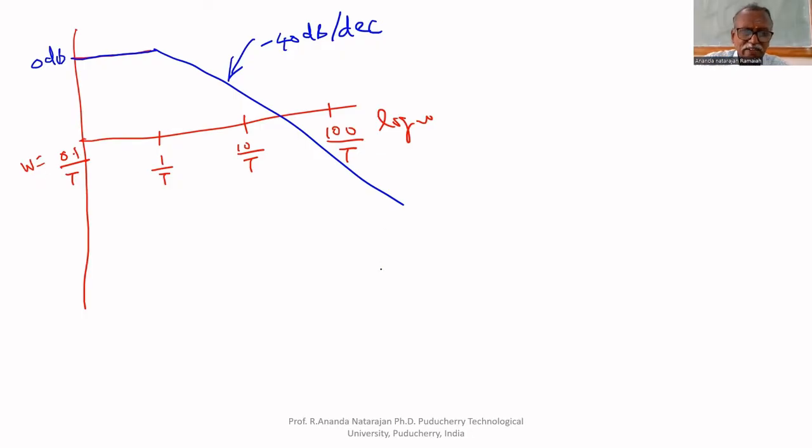If you find the error, this is the plot. Up to corner frequency, 0. After that, it decreases minus 40 dB per decade.